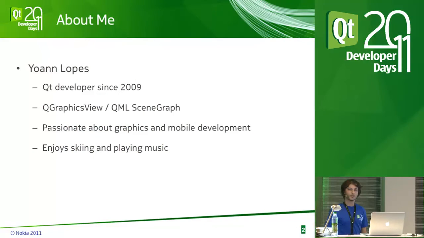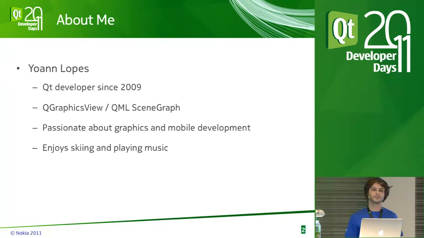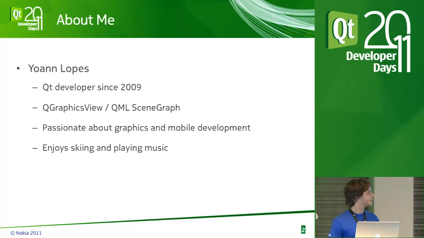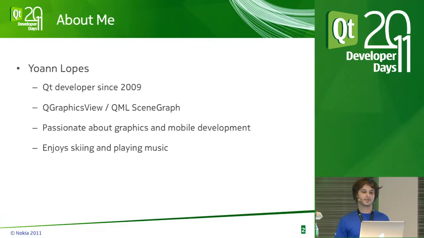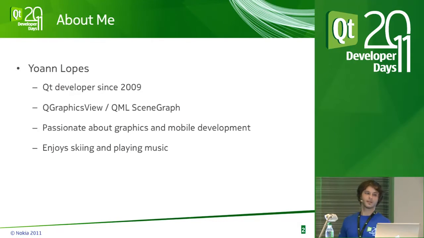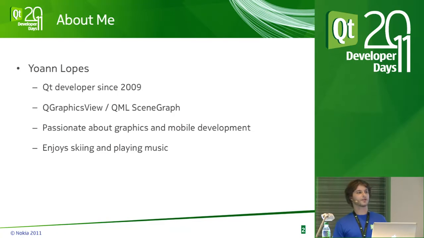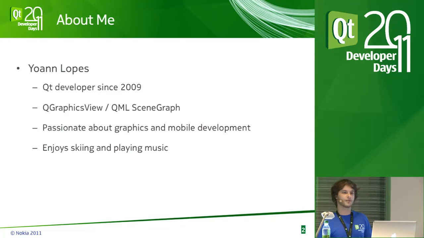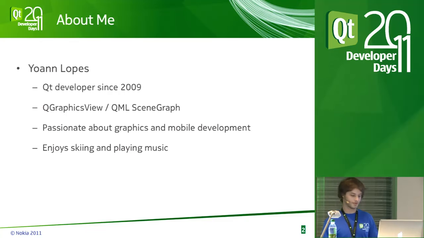So before I start, a few words about myself. I'm Yoann Lopes. I'm from France. I hold a master's degree in embedded system engineering from the University of Toulouse in the southern and sunny part of France. I joined Nokia in November 2009 to work on Qt.